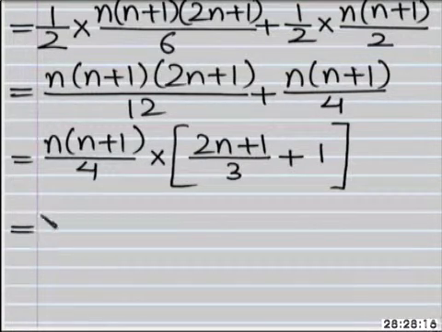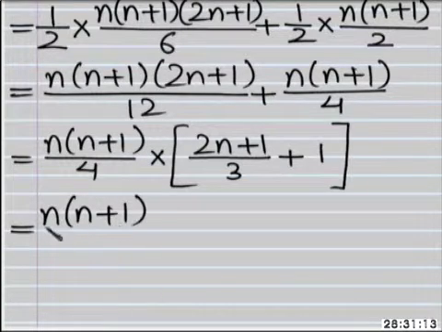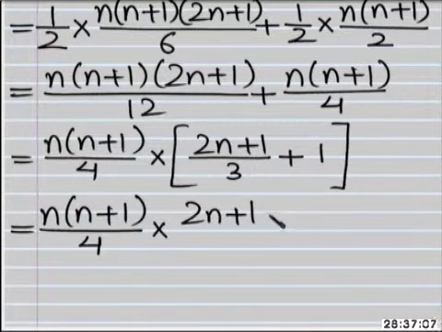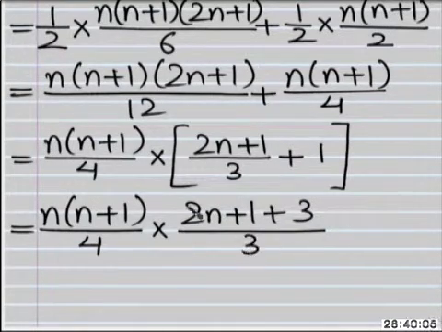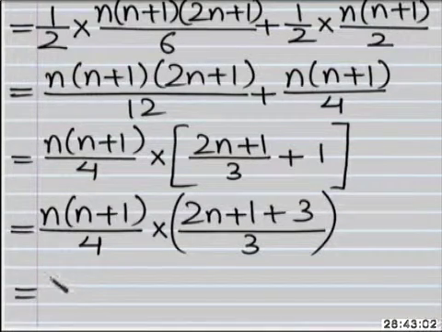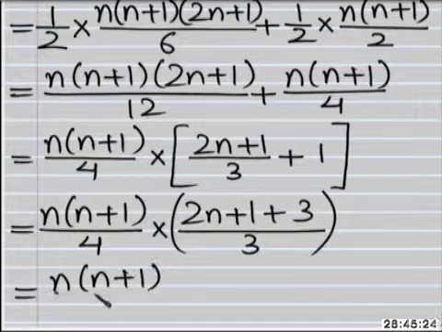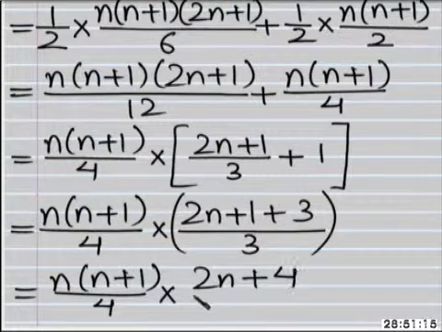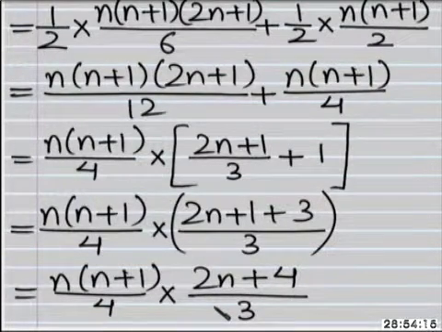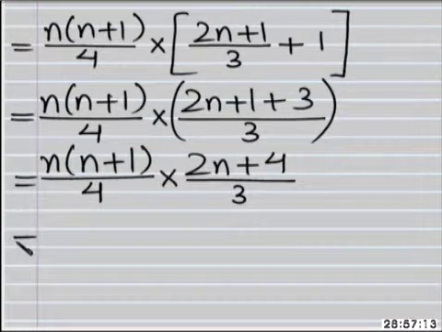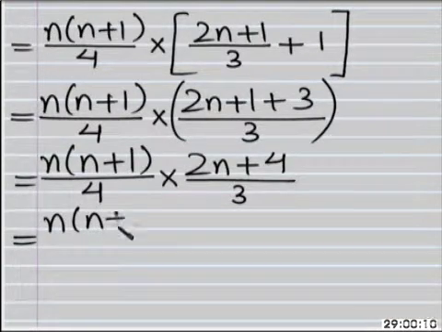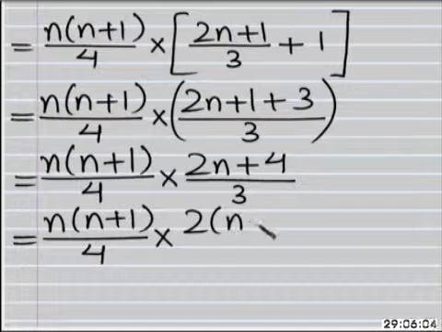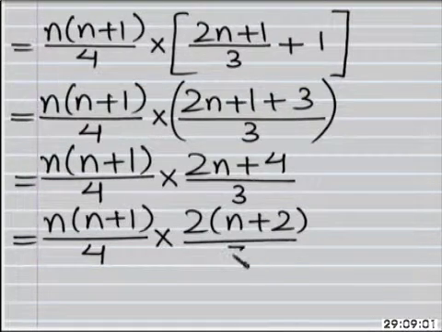This is further equal to n(n+1)/4 × [2(n+1) + 3]/3, which is equal to n(n+1)/4 × (2n+4)/3, which is equal to n(n+1)/4 × 2(n+2)/3.